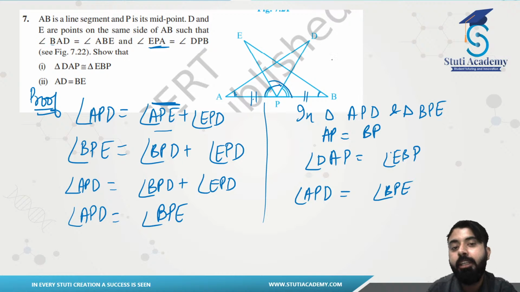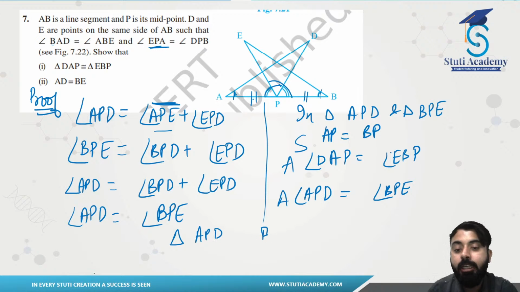See, BAD is this angle and that angle, so everything is given to me. Angle, side, angle, triangles APD and BPE both are congruent, and you can easily say AD is equal to BE.